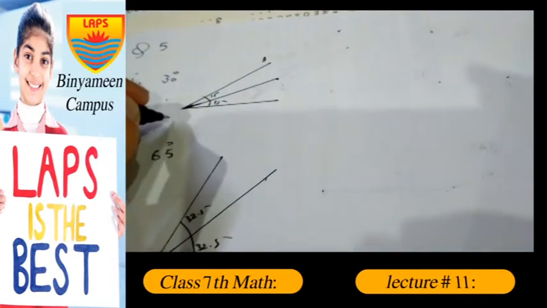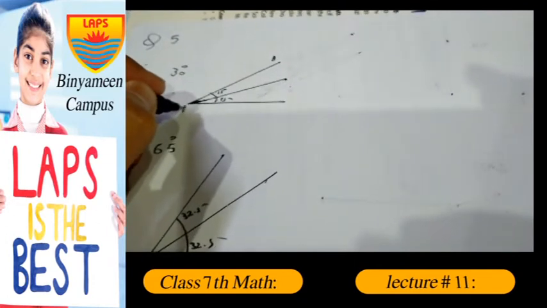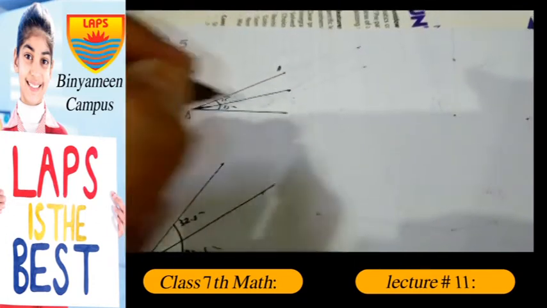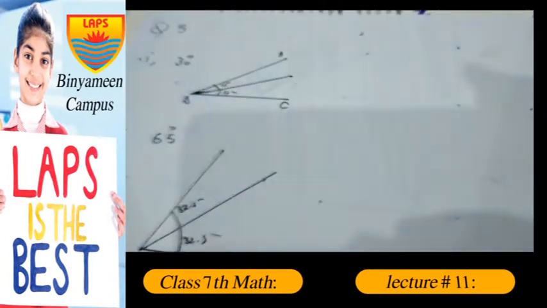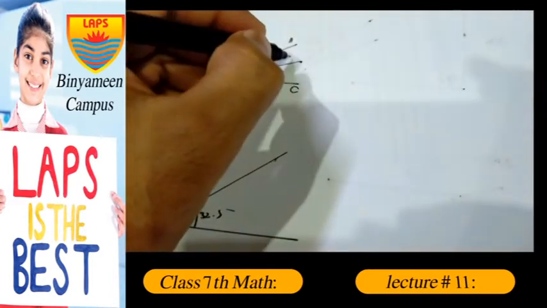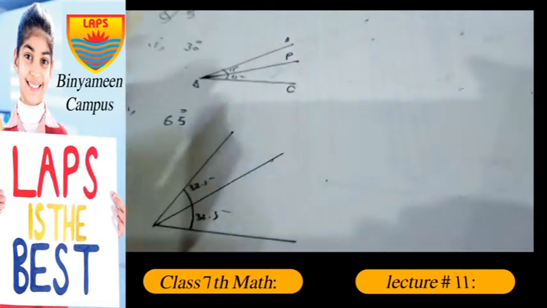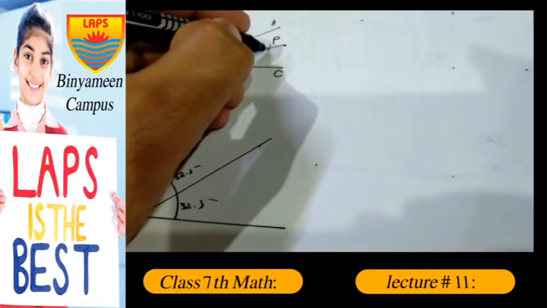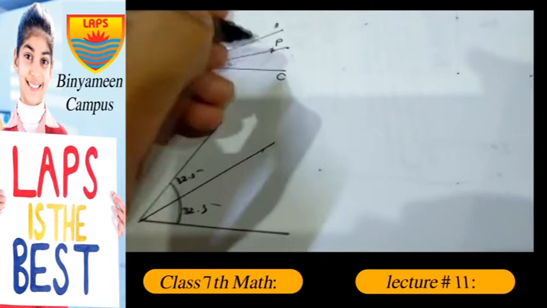A, B, C. P is the bisect point. This one is the bisect point.